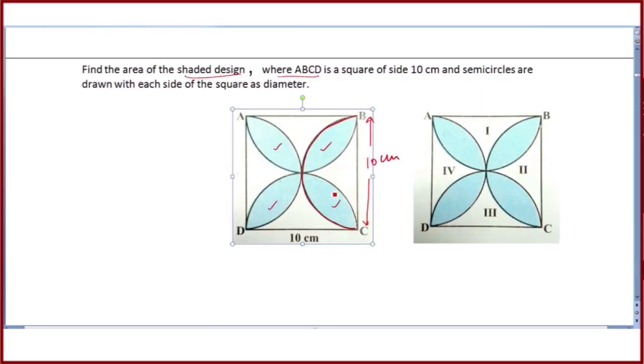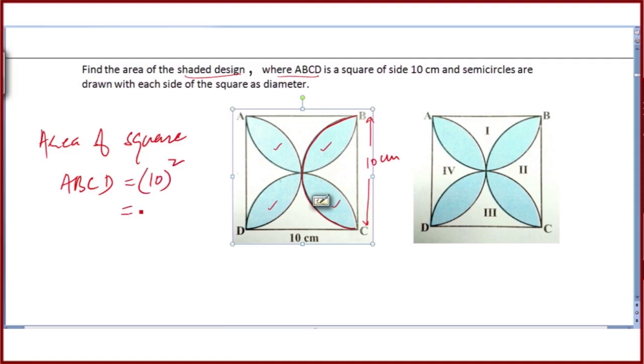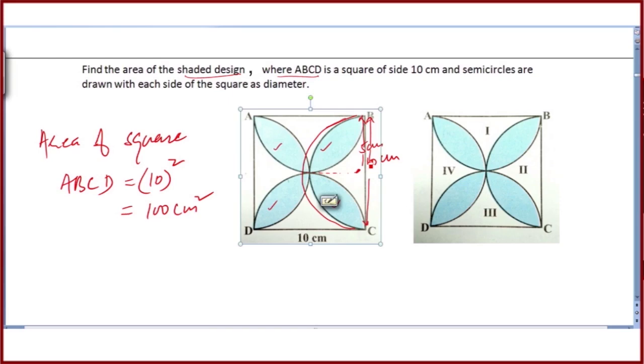So, what I can do is I can calculate the area of this square. What is the area of square ABCD? It is equal to 10 squared, which is equal to 100 centimeter square, right. And what is the radius of this semicircle? It is equal to 5 centimeter. Right.